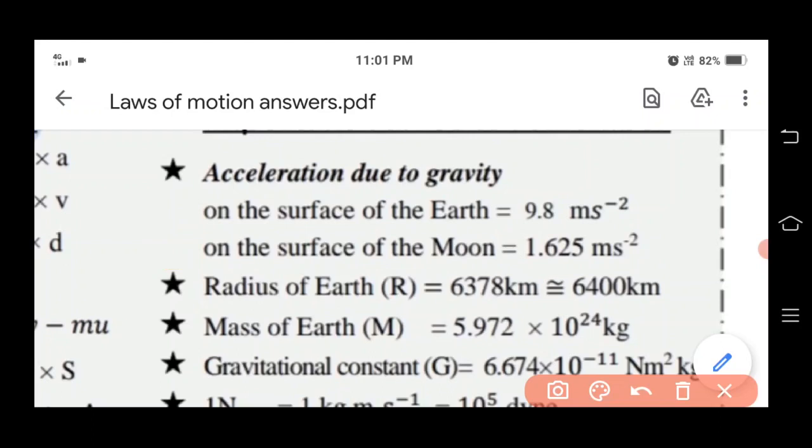Radius of earth R equal to 6378 kilometer, approximately 6400 kilometer. And mass of the earth is 5.972 × 10^24 kg.